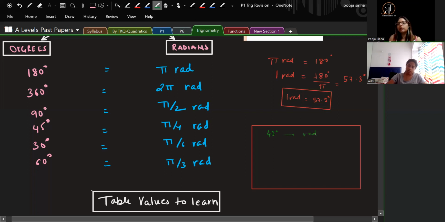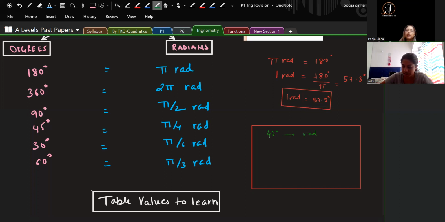We know that 1 rad is equal to 57.3. No, don't use that, because 57.3 is an approximation. So keep in mind that 1 rad is equal to 180 upon pi.